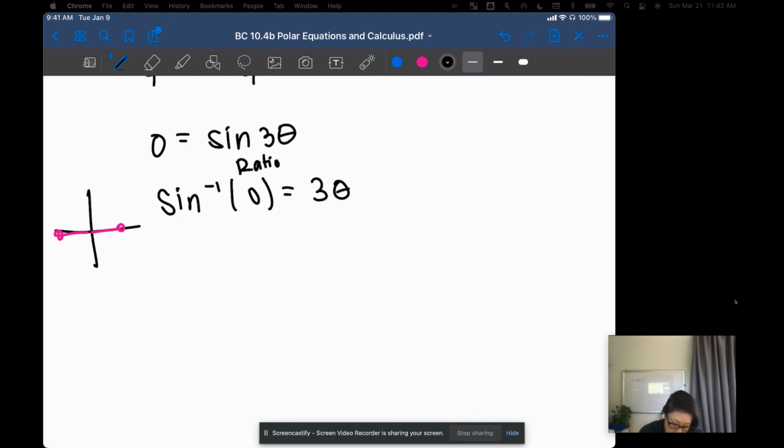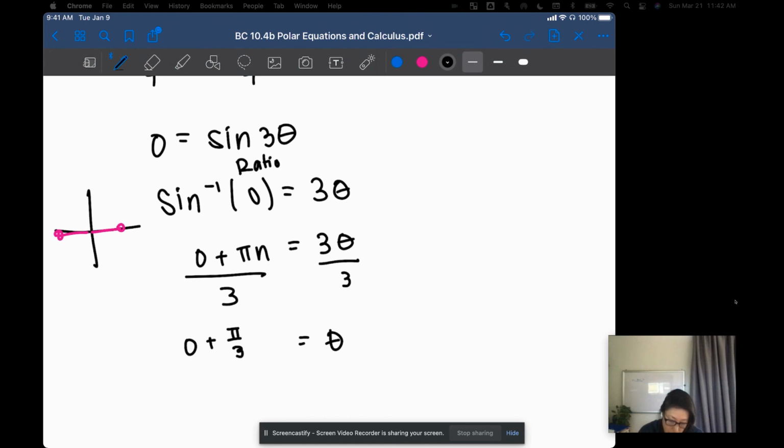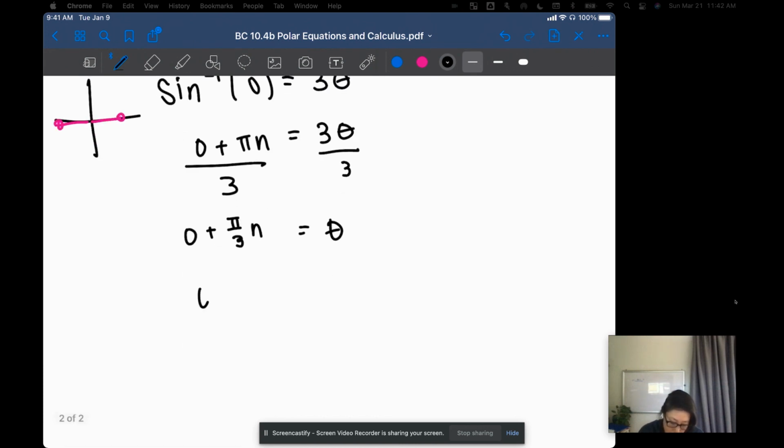So we can write this as 0 plus pi n is equal to 3 theta. Divide by 3. I get theta is equal to 0 plus pi over 3n. So that means that my angles would be 0, pi over 3, 2 pi over 3, and then pi is out of our domain, so we don't write that one.